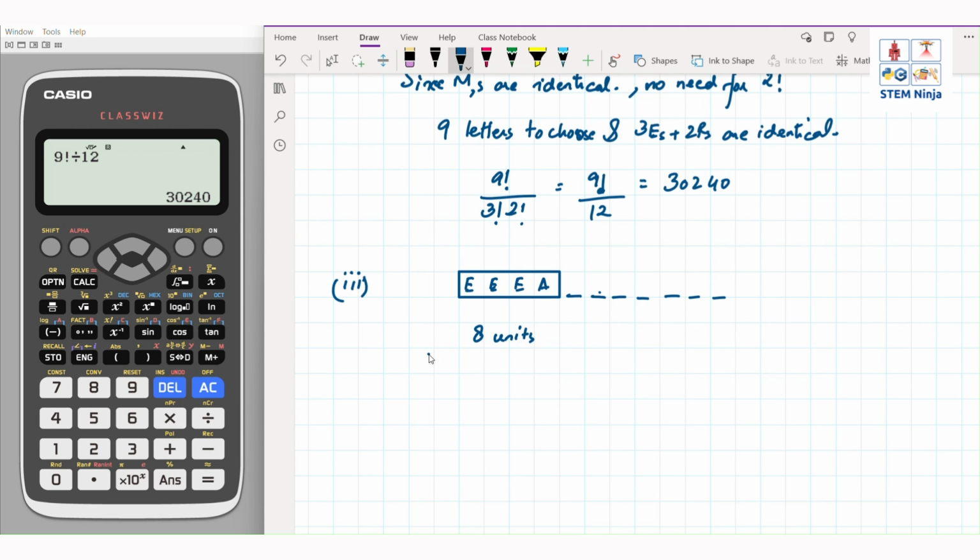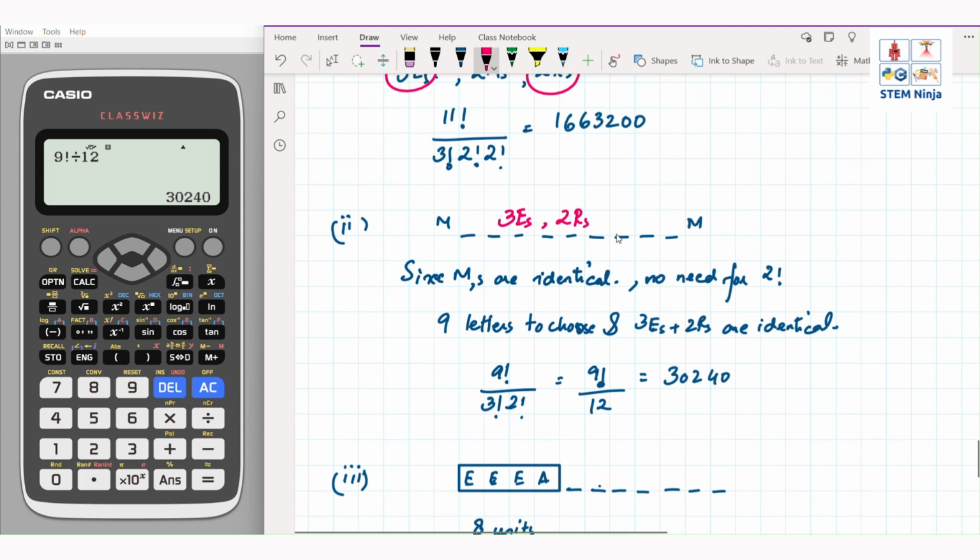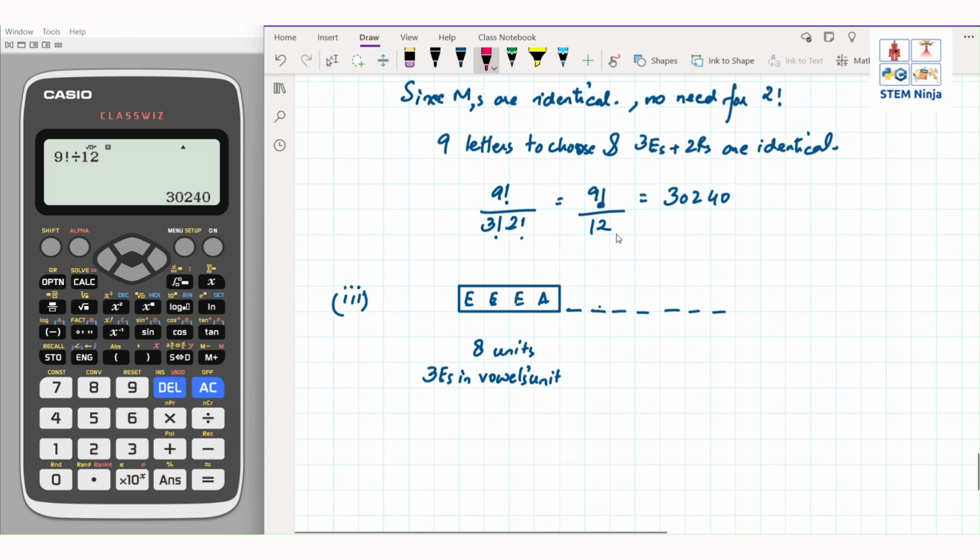Then we have 3 E's in the vowels unit. Then apart from that, we have 2 M's and 2 R's over here. So for 8 units, we will just simply have 8 factorial.